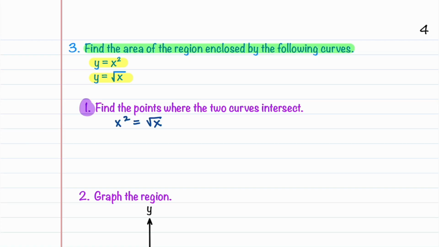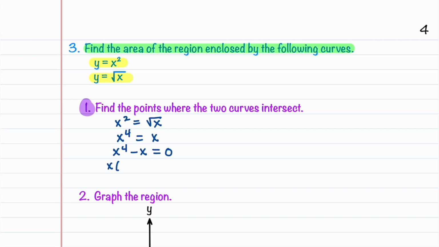To solve this, we are going to square both sides, and this gives us x to the fourth is equal to x. Now we have to be really careful not to just cancel out an x, because we're going to lose a root if we do that. And we need to rewrite this as x to the fourth minus x is equal to 0.